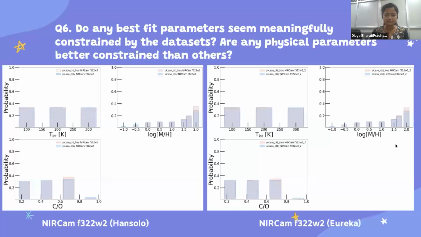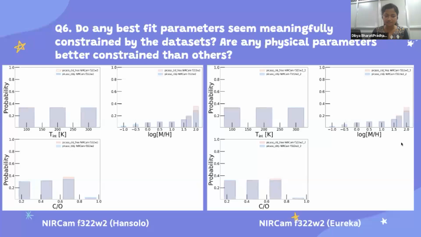Next slide, please. Yes, so these are the posterior plots, and here we see which of the best fit parameters would be meaningfully constrained by the data set. One is for Eureka and one is for Hans Solo.